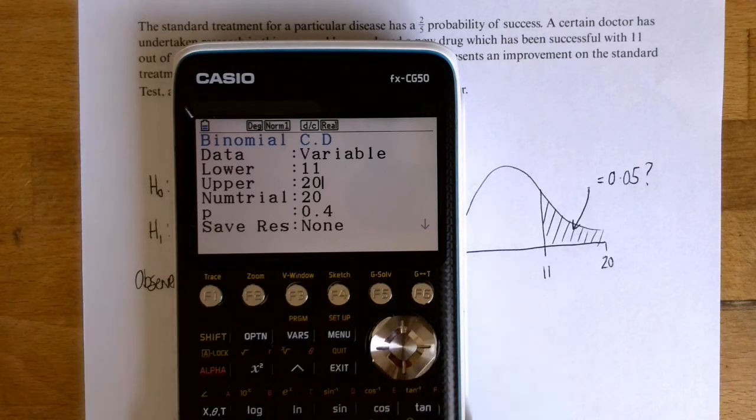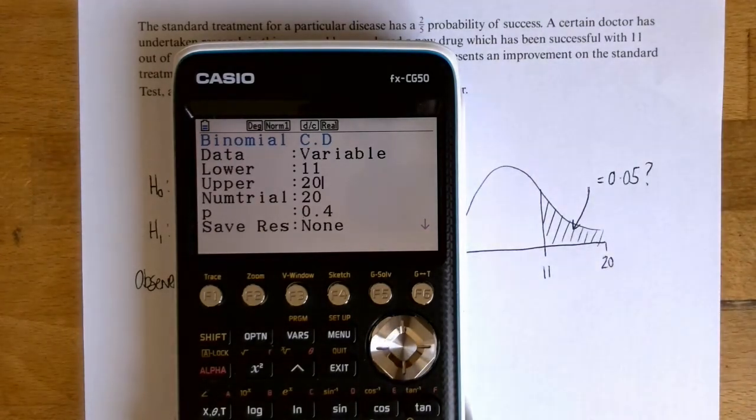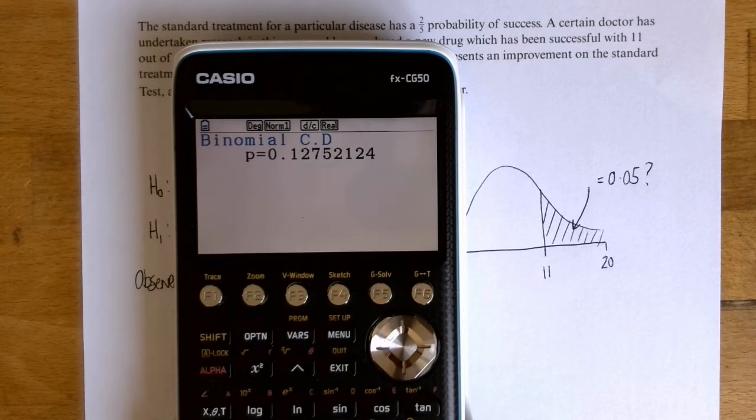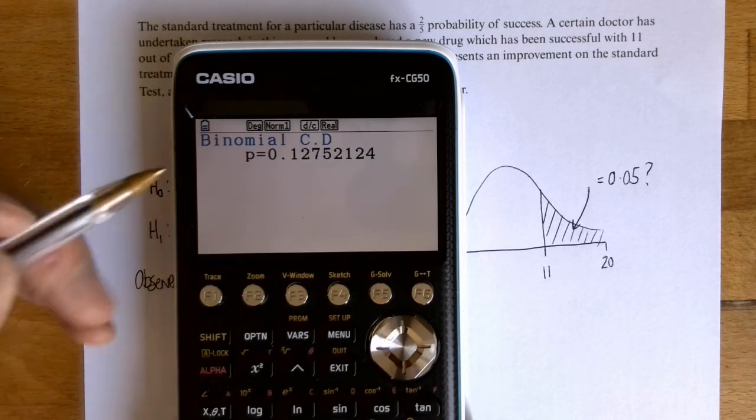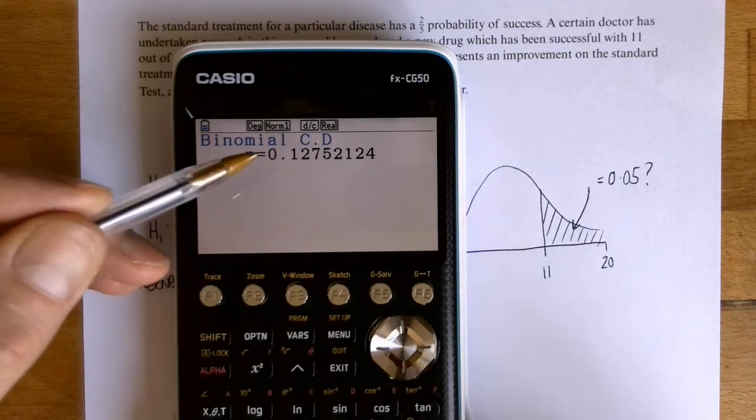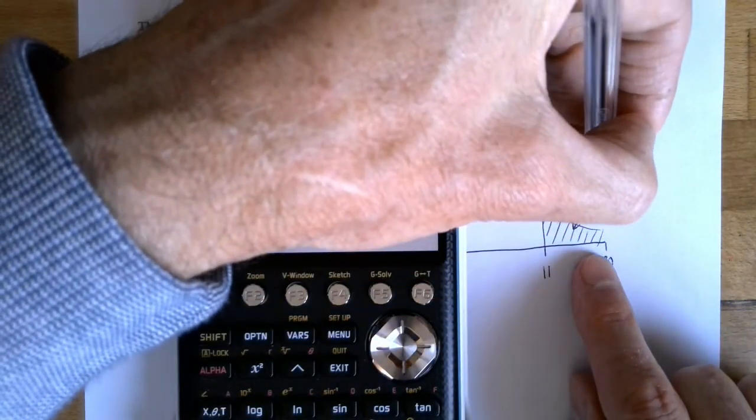And recognising whether it's an upper tail or a lower tail problem is one of the skills you need to develop, because they won't tell you. You have to sort of glean that information from the question. Here we go. So that probability is 0.1275.